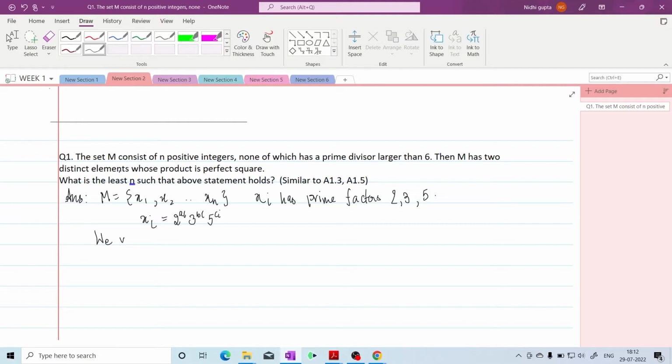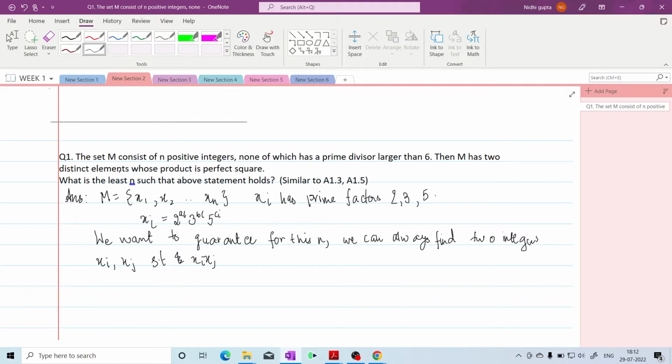We want to guarantee that for this n, we can always find two integers xi, xj such that their product is a perfect square of an integer.